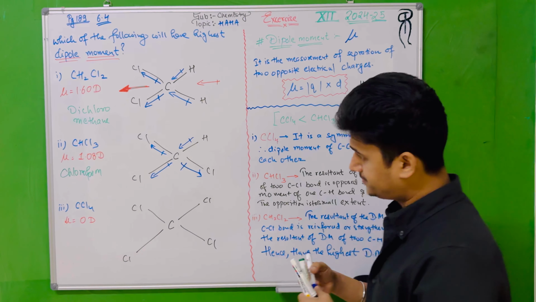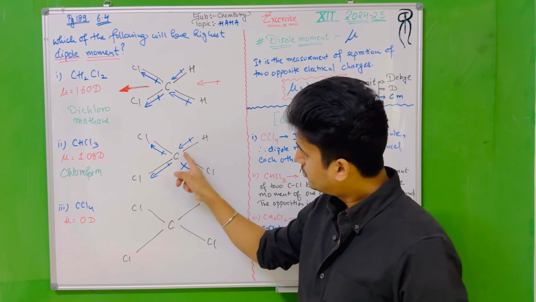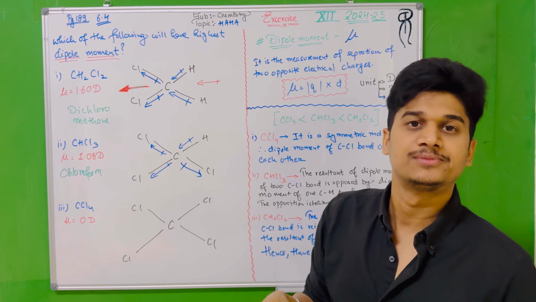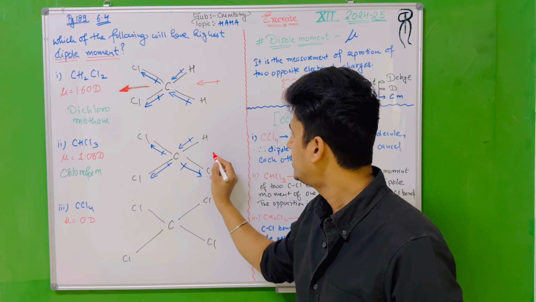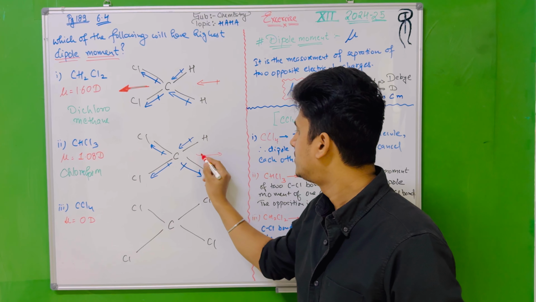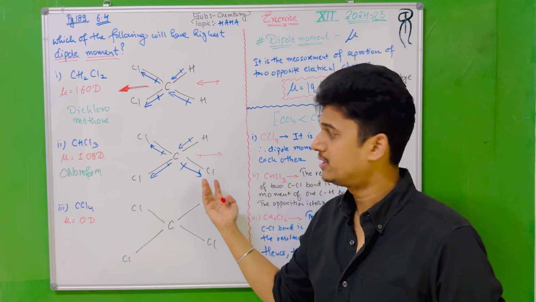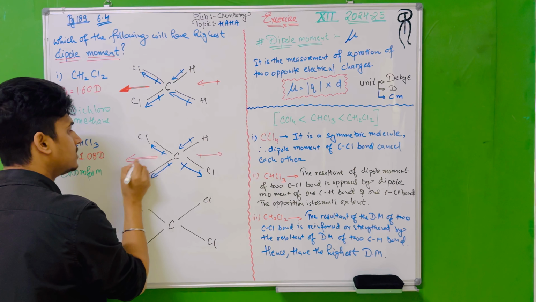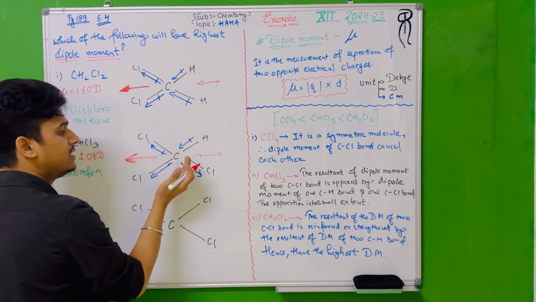Now if you see here, hydrogen is supporting this side, left side, but chlorine is supporting which side? Towards the right side. So here, who will win? Chlorine will win a little bit, right? And here, this carbon and chlorine will take it towards which side? This side. Now what is happening?